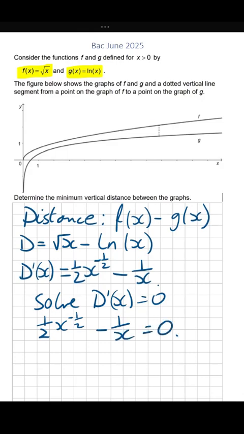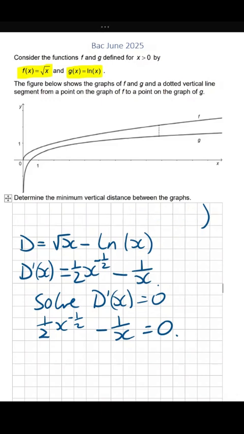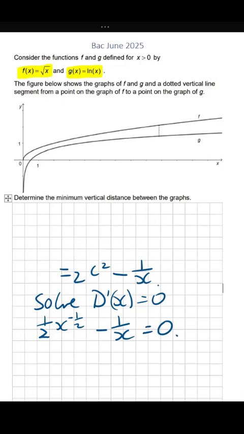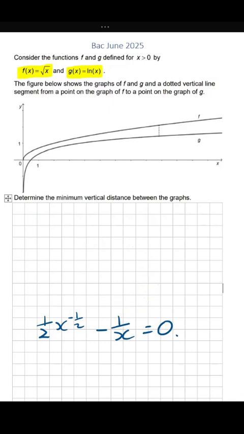All right? And how am I going to go about doing that? In order to do that now, I'm going to have to get a common denominator on the left-hand side and then deal with one expression, leaving that equal to 0. So what's my common denominator?